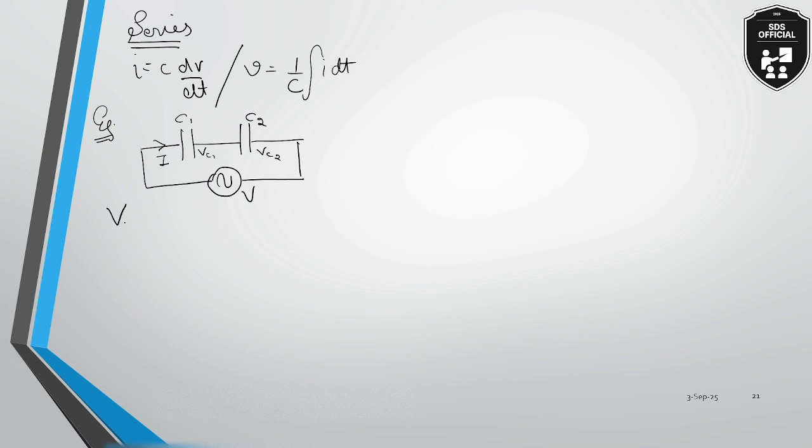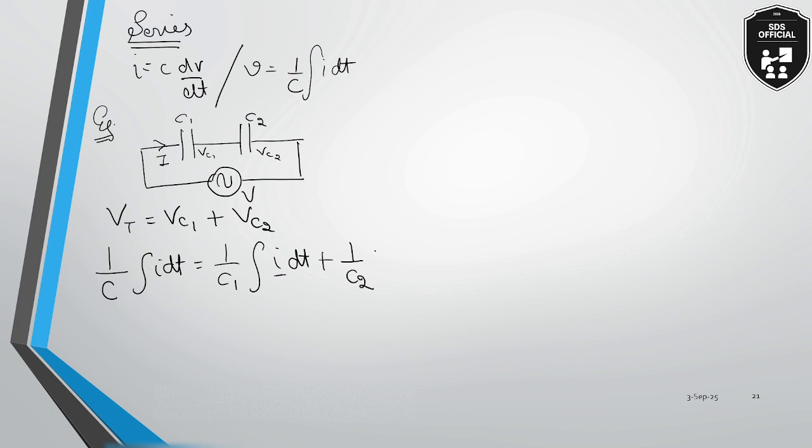You can write that the total voltage is equal to the sum of the voltage across capacitor C1 and the voltage across capacitor C2. Now what is the formula for voltage? 1 by C integral of I dt. For VC1, the voltage across capacitor C1, we will write 1 by C1 integral of I dt. I will remain the same because the circuit is in series combination, plus similarly 1 by C2 integral of I dt.